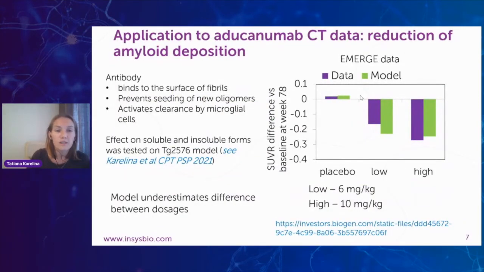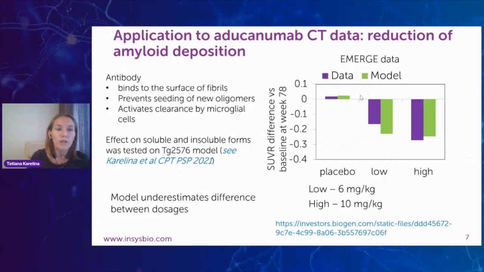Now let's consider what our model demonstrated in comparison with the lately shared aducanumab clinical trial data. This antibody in our model can prevent secondary seeding of new oligomers of amyloid beta because it can bind to the surface of fibrils. And in addition, in vivo, this antibody activates clearance of amyloid plaques by microglial cells.